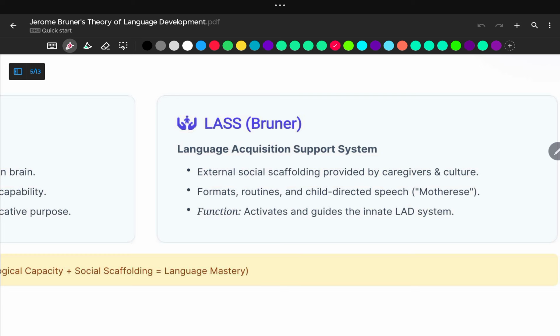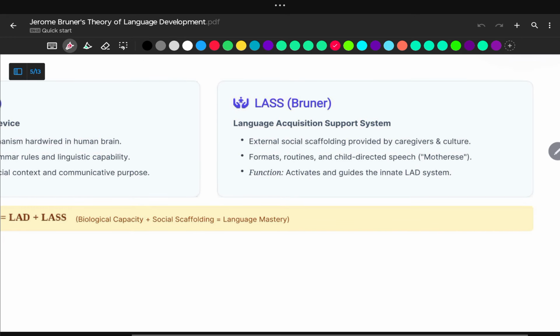It deals with formats, routines, and child-directed speech, that is motherese. And the function of LASS is that it activates and guides the innate LAD system.